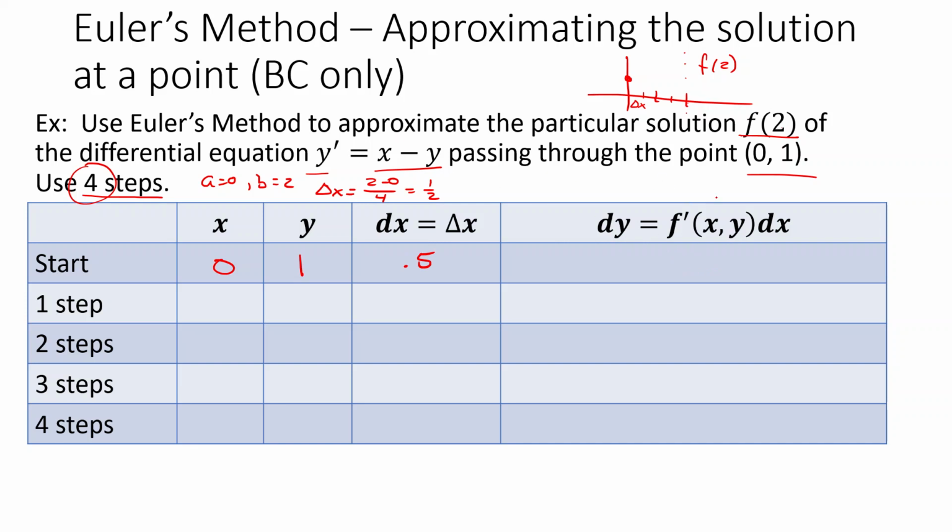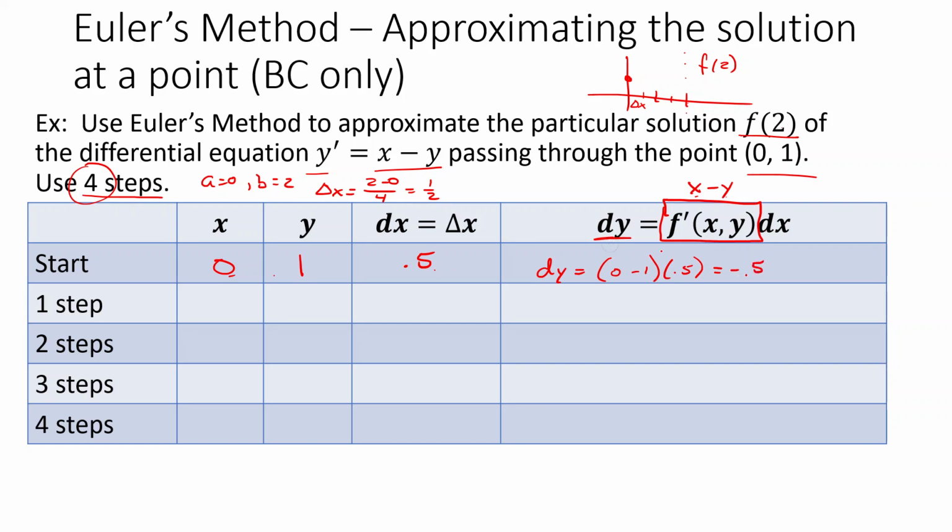Well, we know y prime is just x minus y. So what's our change in y going to be? Our change in y is going to be equal to x minus y. Here's x and here's y, so it'll be 0 minus 1 times dx, which is times 1/2. So we get -1 times 1/2, so we get -1/2.